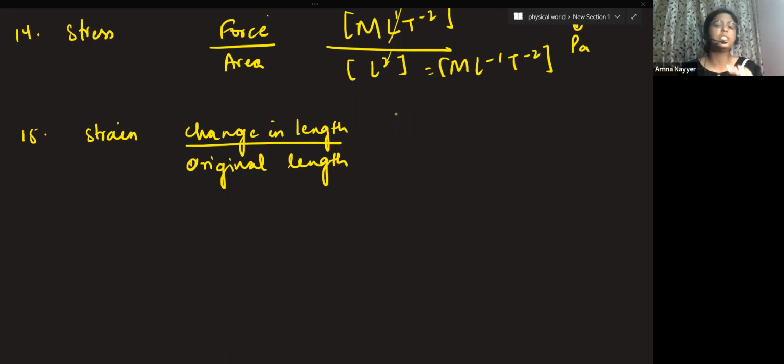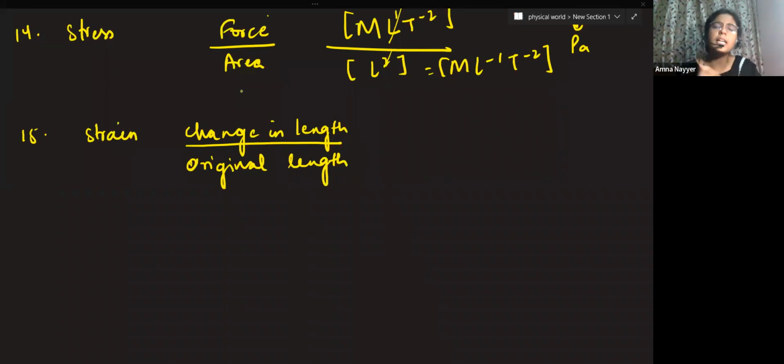So now see, it can be any dimension. It can be change in volume by original volume, change in angle by original angle, change in length by original length. There are various kinds of strain. You will be studying types of strain as well. So change in the dimension divided by that same dimension, will it give you any dimension?